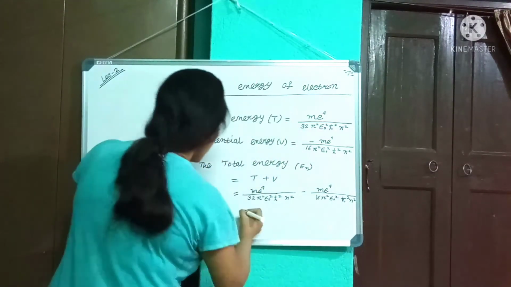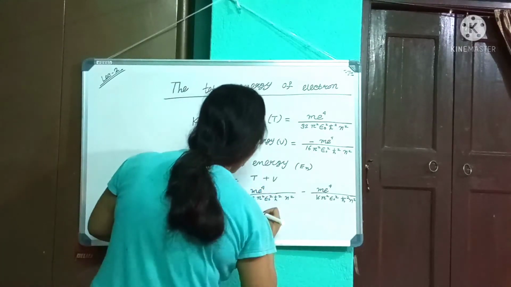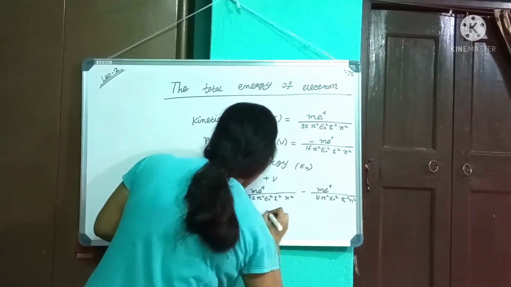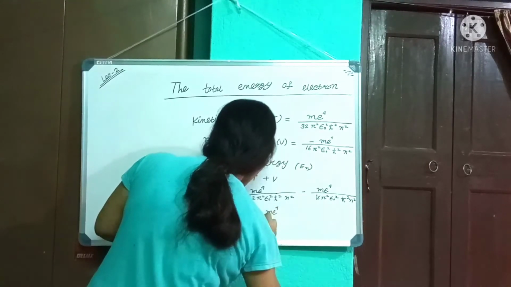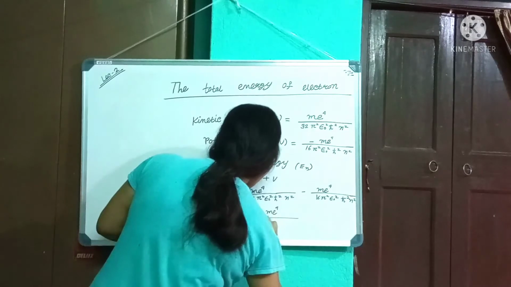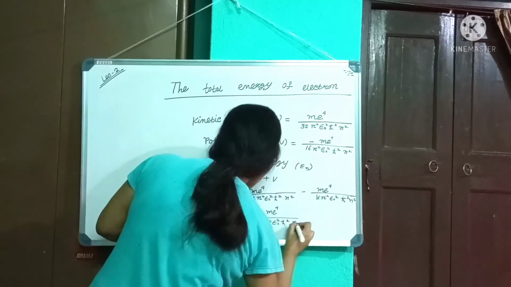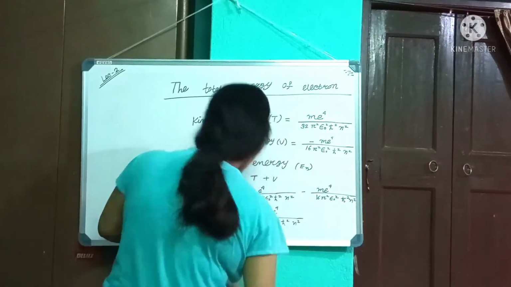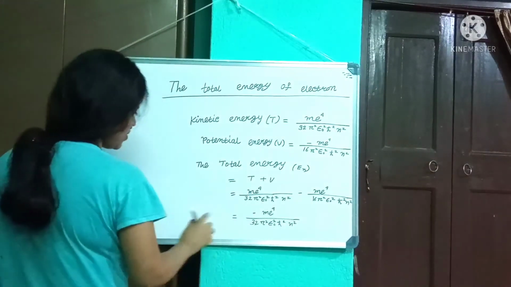Okay, now after the calculation we'll get the value of total energy as m e to the power 4 by... okay, so this is our total energy En.